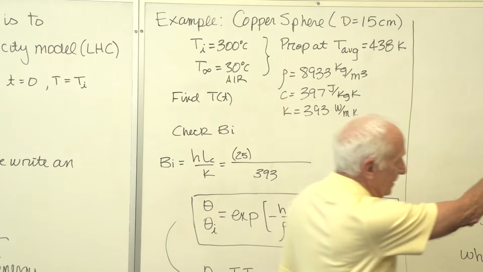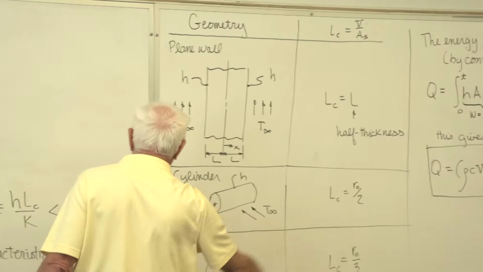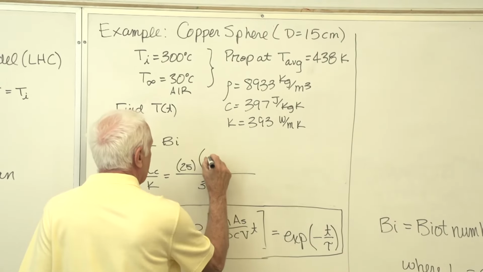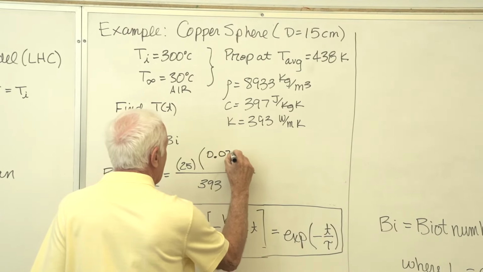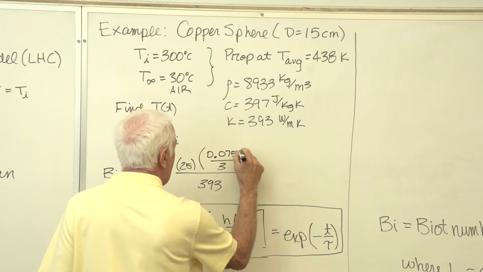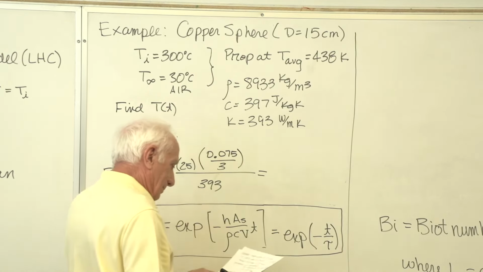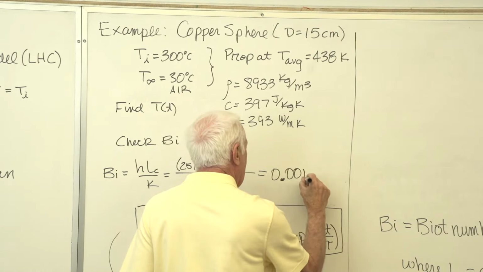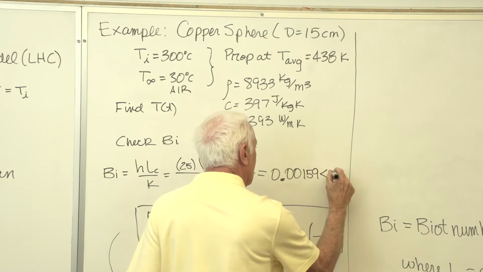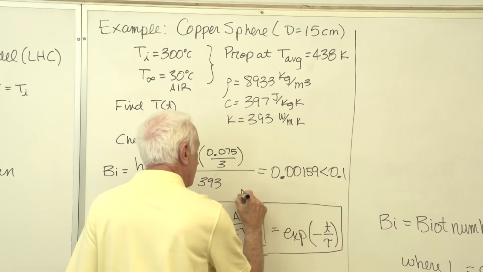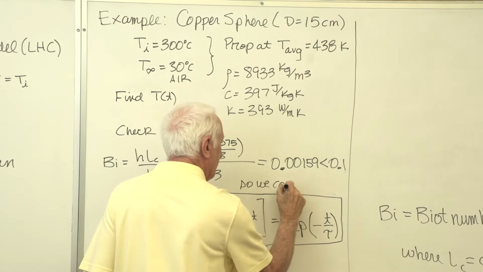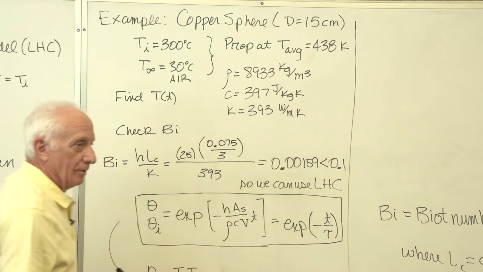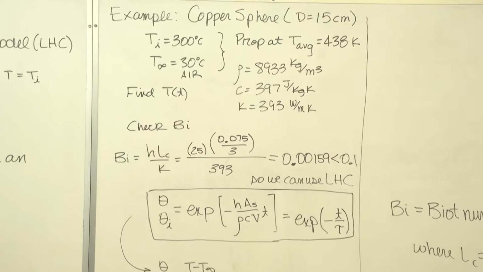L sub c from the table, geometry, a sphere, L sub c is 1/3 the radius, 7.5 centimeters. I get 0.00159, which is a lot less than 1/10, so we can use lumped capacity. Okay, first decision done. I get the easy way out this time.